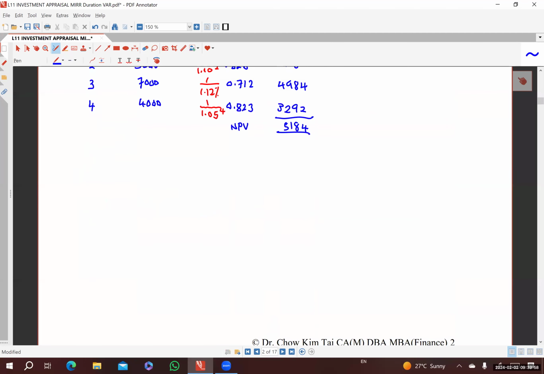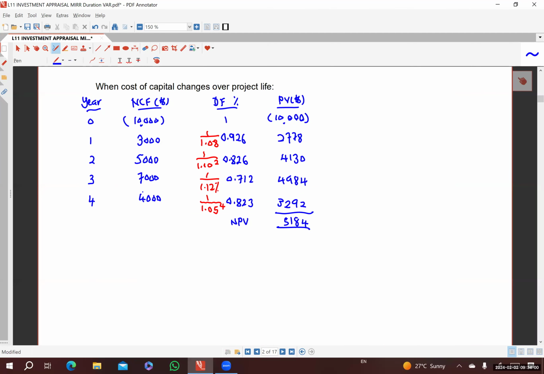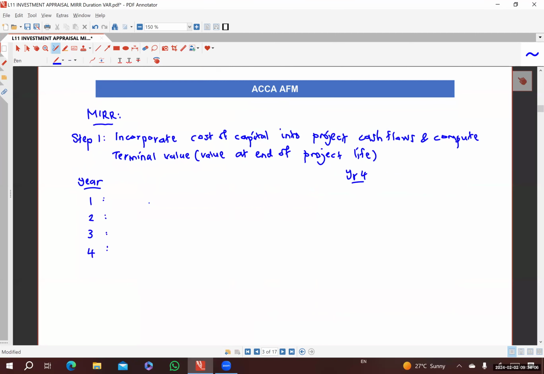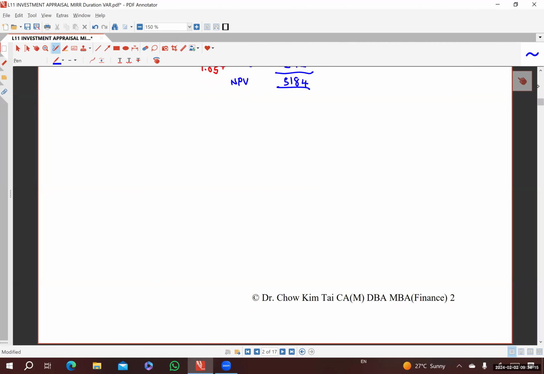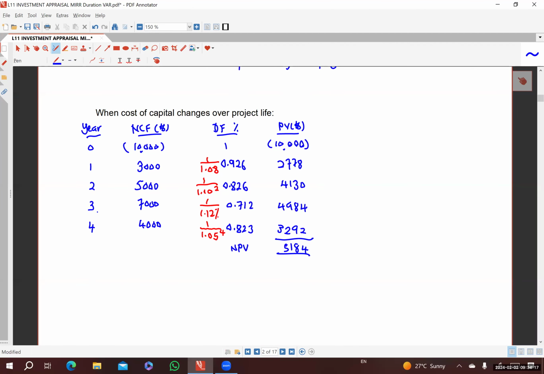At the end of year 4, you receive 4,000 cash flow. At the end of year 3, you receive 7,000.